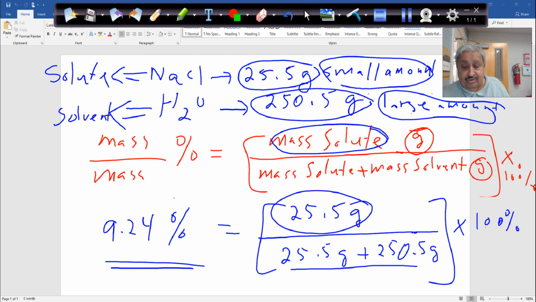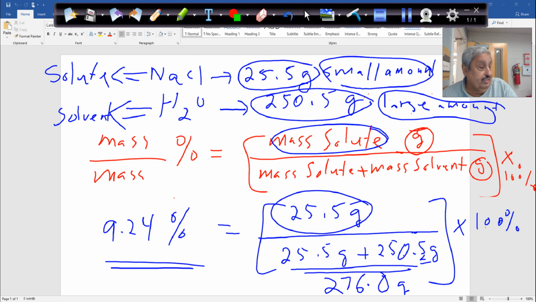And this one here, if you add them up, will be 276.0, with one digit after the decimal because you are adding. Tell me if I'm wrong. Is the addition correct? Yeah.